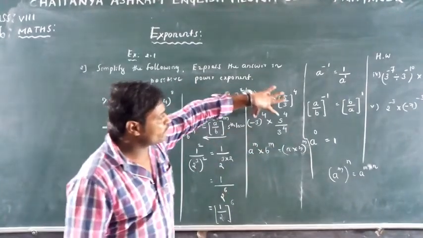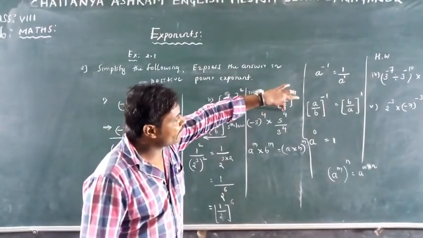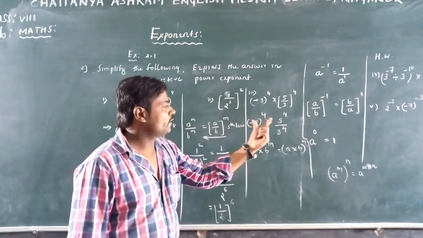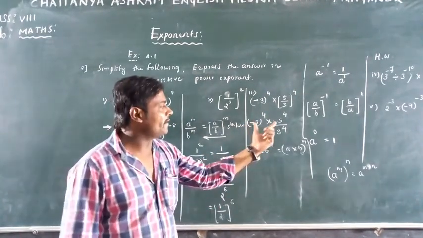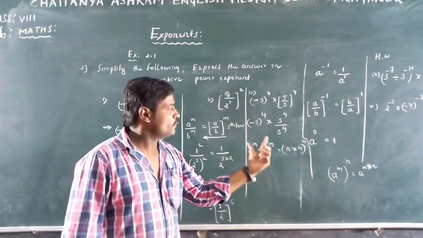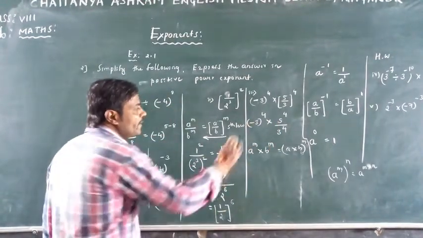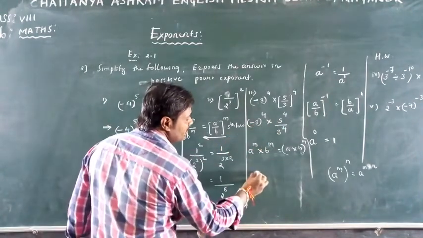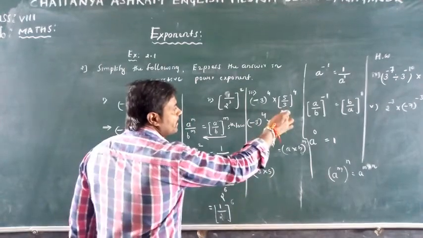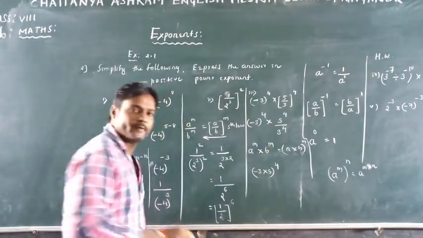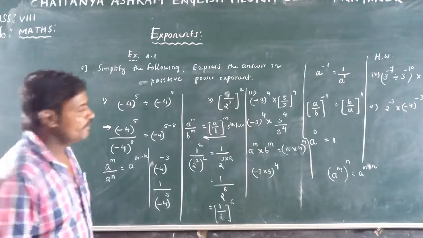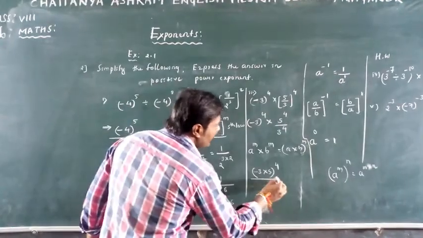So observe these two exponents, they have same power and different bases. So which law helps us to simplify or find the product of these two exponents? This fourth law. So by fourth law, we multiply the bases, that is minus 3 into 5, and write the power 4. Clear? Which law I applied here? Fourth law used. And what is the denominator?